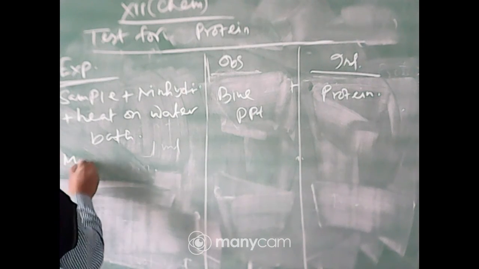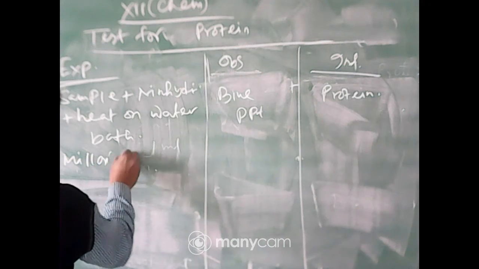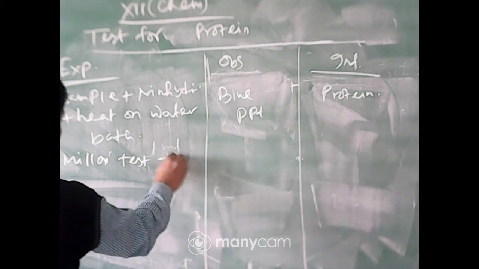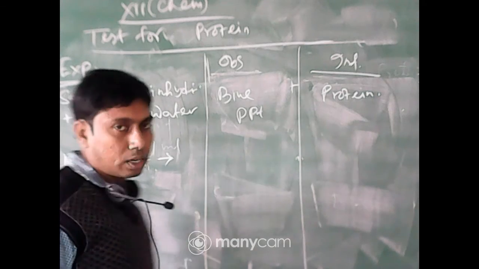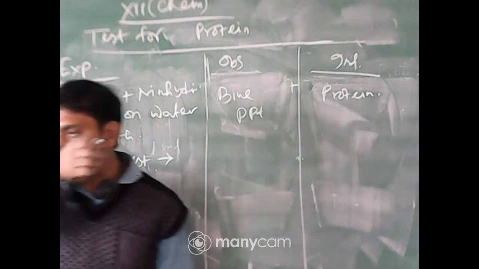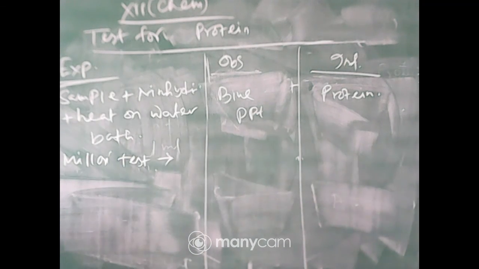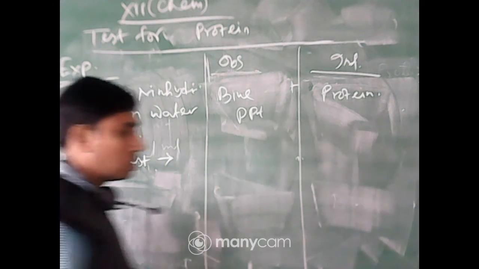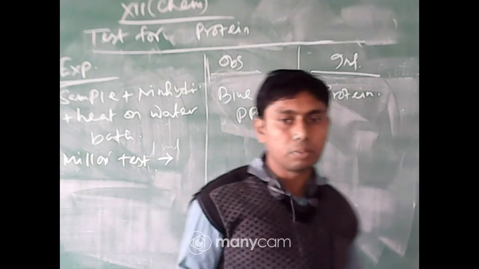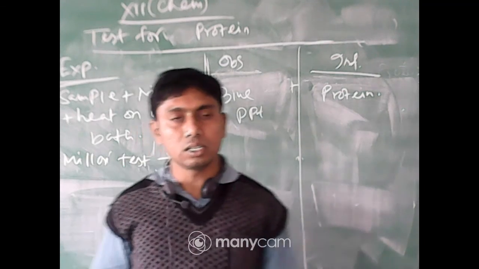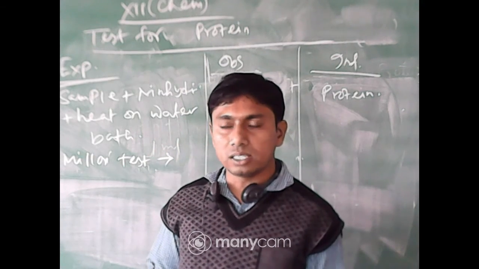Number 4, Millon's test. Here mercuric nitrate and mercurous nitrate are mixed and dissolved in concentrated nitric acid. As mercury is poisonous in nature, this is not done. So Millon's reagent is mercuric nitrate, Hg(NO3)2, plus concentrated nitric acid.